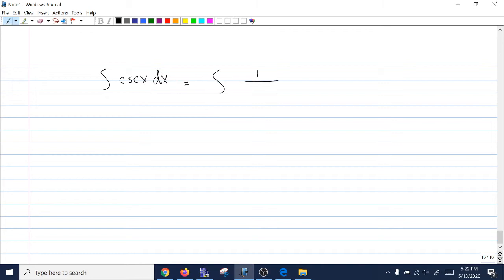If I think of this as 1 over sine, actually, you know what? Let me show you the other thing first. We're going to learn a bigger trick for which this is a small version. Let's learn the bigger trick first. If I have to integrate, so those are all the basic functions.